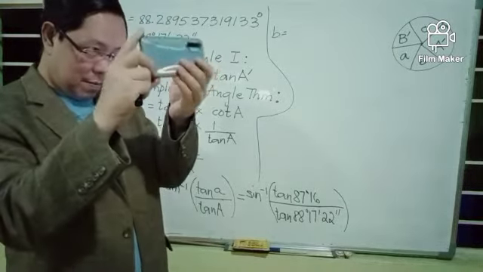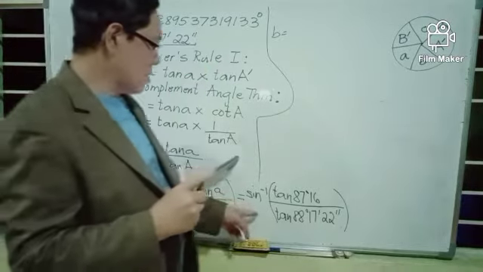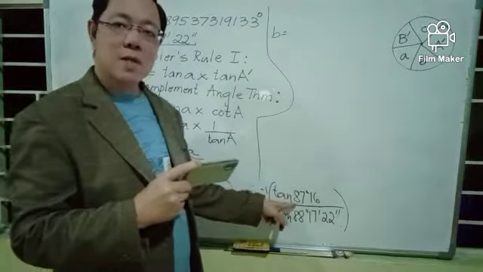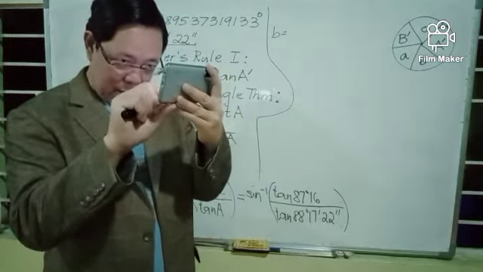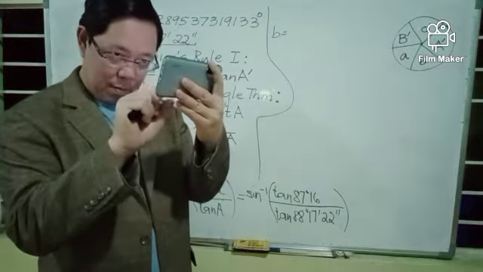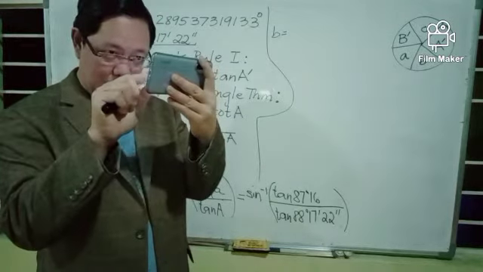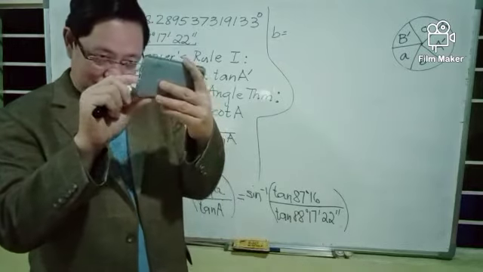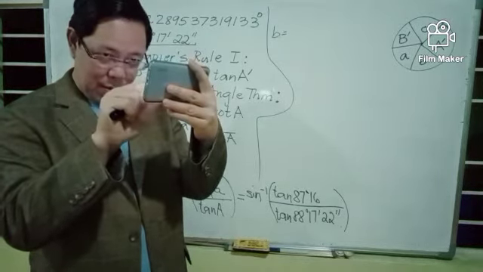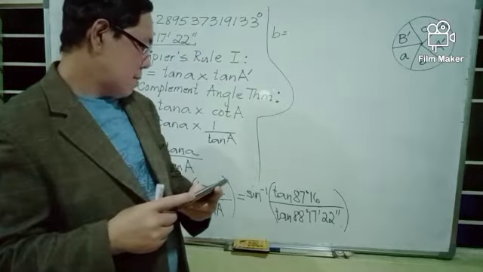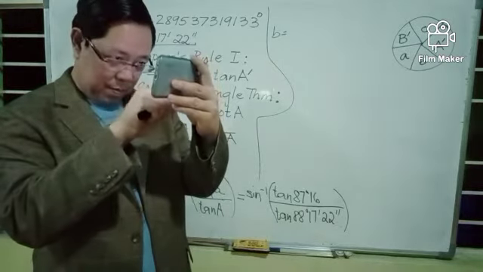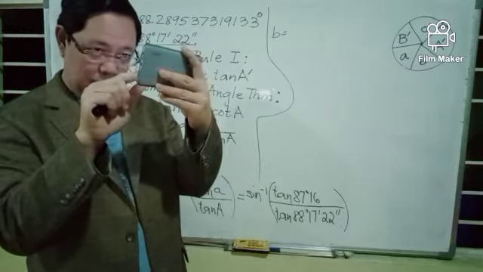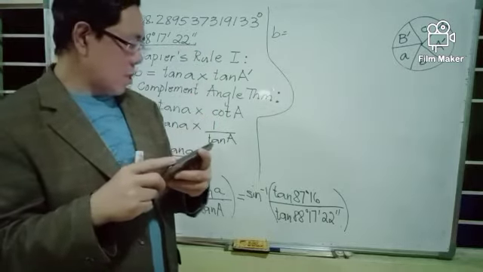To calculate, press shift sine, or inverse sine, of tangent of 87 degrees 16 minutes, divide by tangent of 88 degrees 17 minutes 22 seconds.